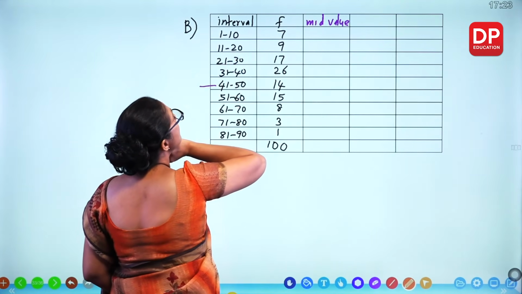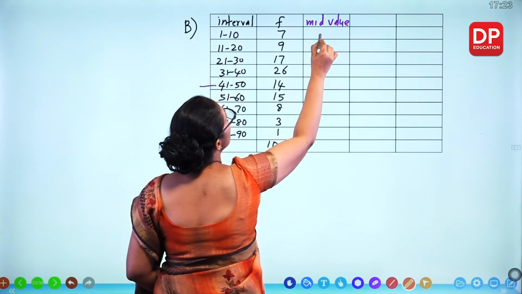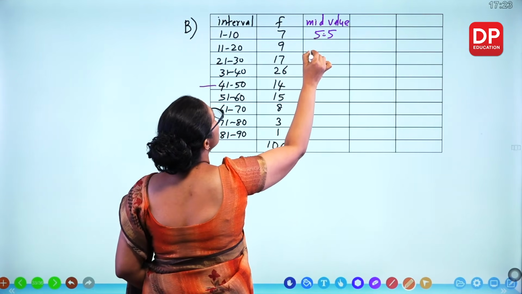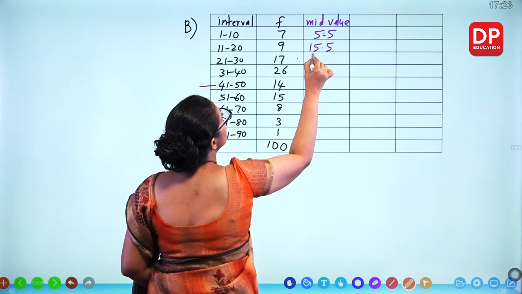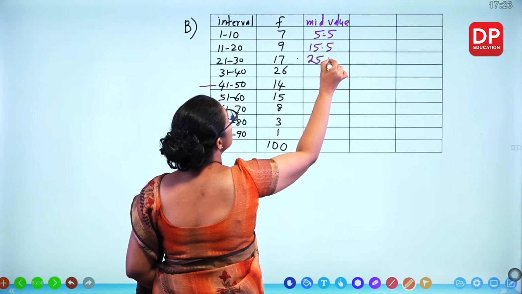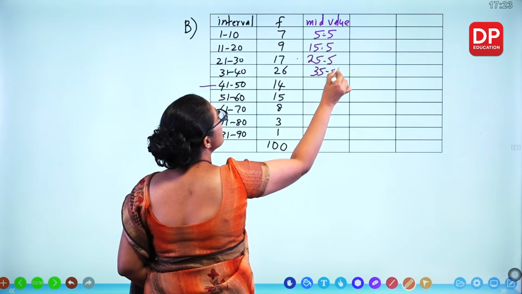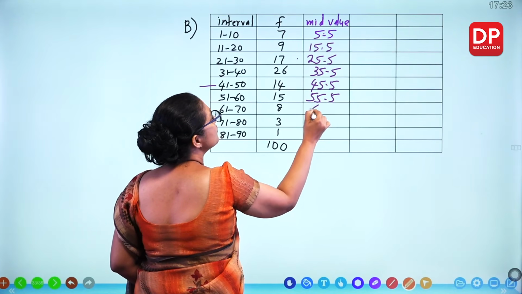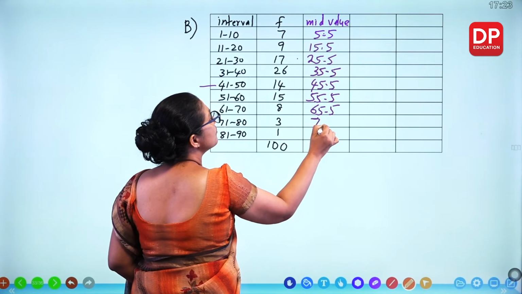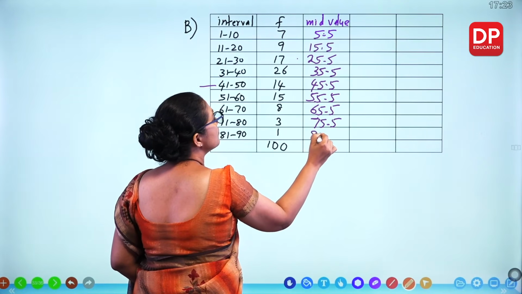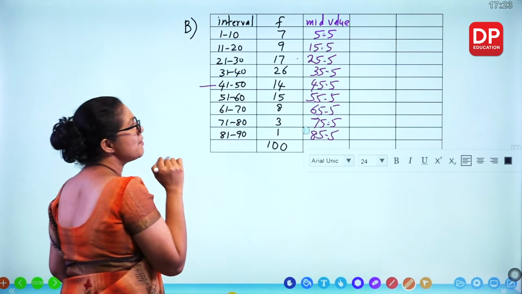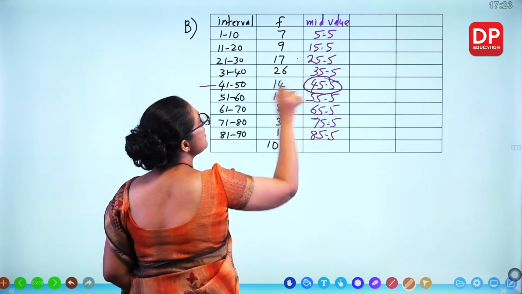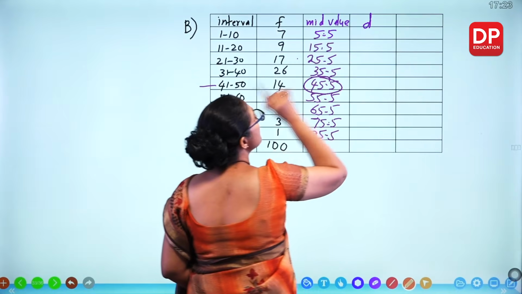And then divide by 2, you get 5.5. Same values you are getting as before, 15.5, 25.5, 35.5, 45.5, 55.5. We did that before.